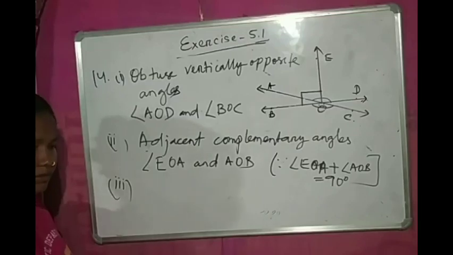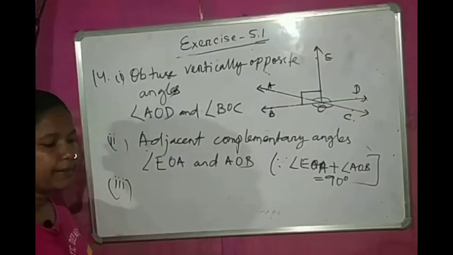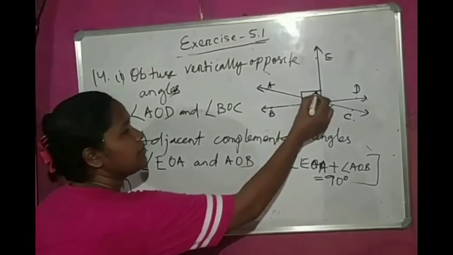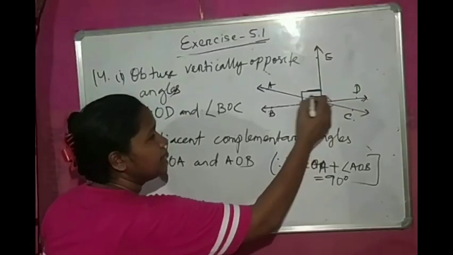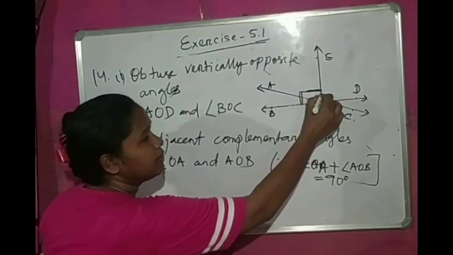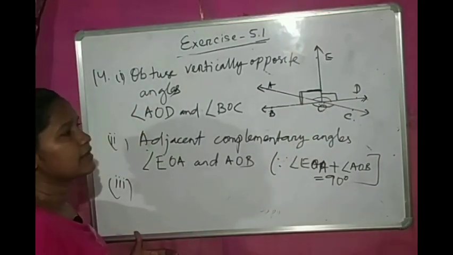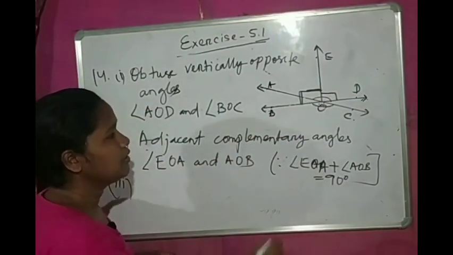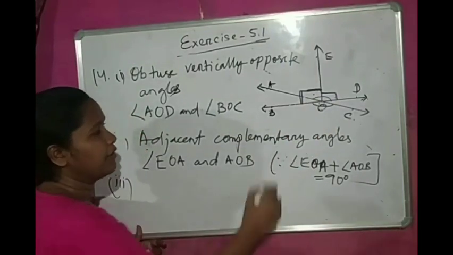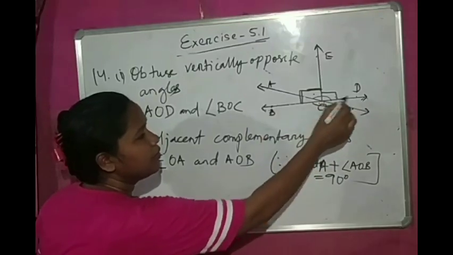Next, number 3, equal supplementary angles. What are the equal supplementary angles? In line BD, EOB is forming 90 degrees, which means the next adjacent angle is also 90 degrees, because these two are supplementary angles. So 90 plus 90 equals 180, which is formed on line BOD.